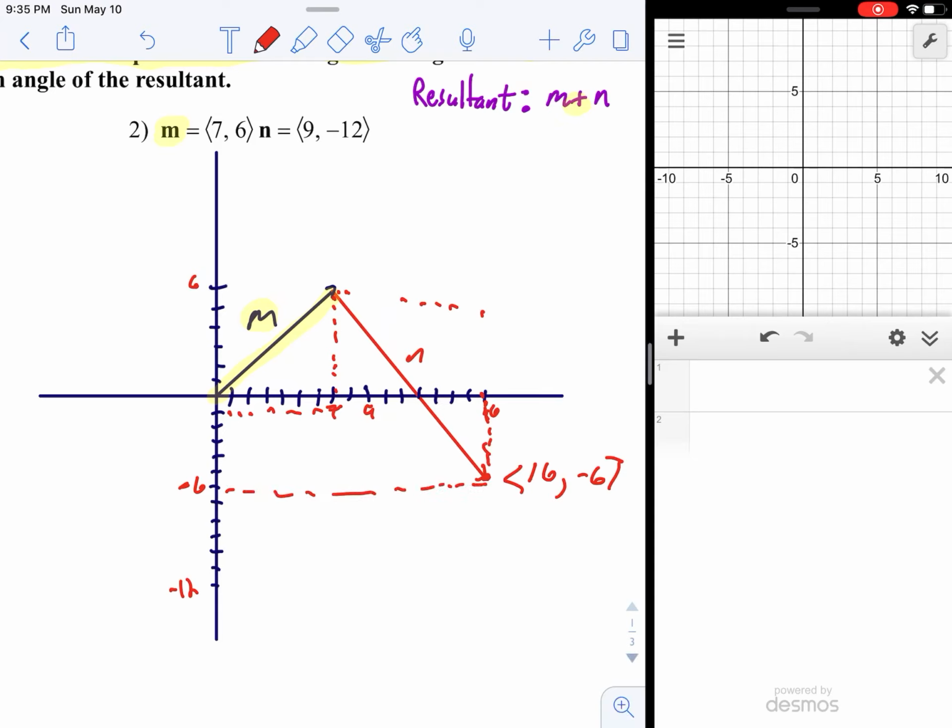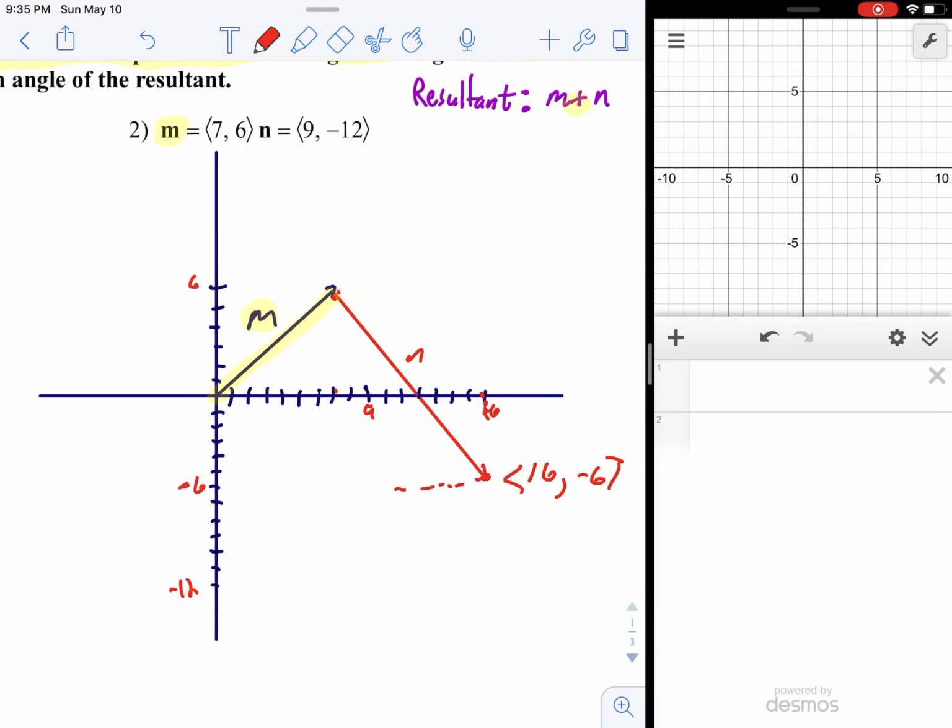All right, my drawing skill isn't that great. But when you add vectors, basically you draw the first one first in the proper position, and then the second one gets drawn from the end of the first one, using those two numbers as a horizontal and vertical sort of counting numbers.